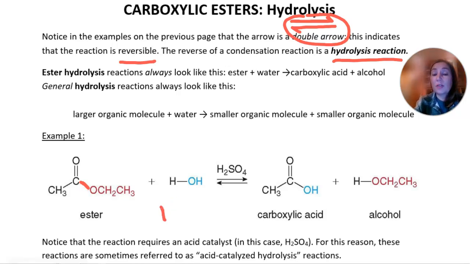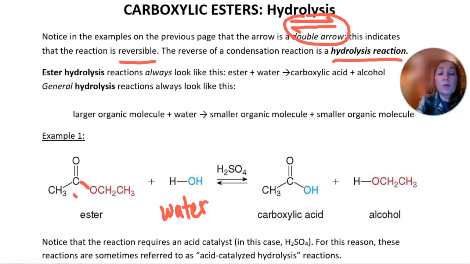The ester reacts with water in the presence of an acid catalyst again, like H2SO4, and makes the carboxylic acid, CH3, C double bond O with the OH, plus the alcohol, H bonded to O, bonded to CH2, CH3.